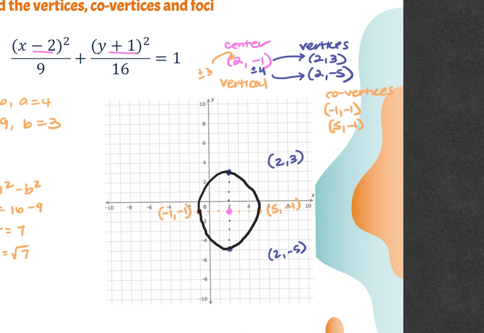And then the C, I go up and down because this is vertical, √7, which is approximately, it's in between √4 and √9, so we could just make it a 2.5. Up 2.5, down 2.5.